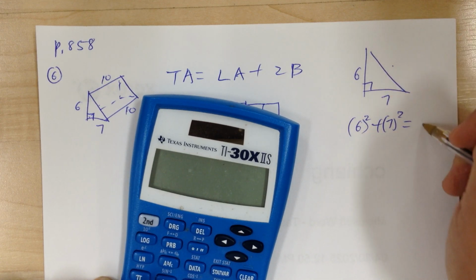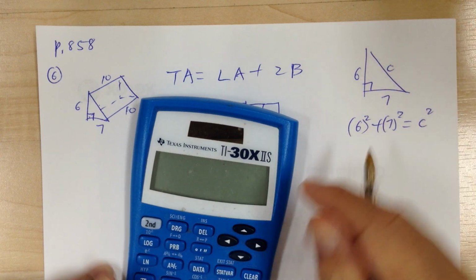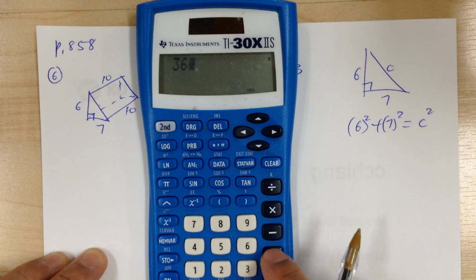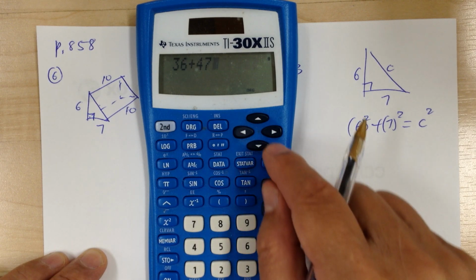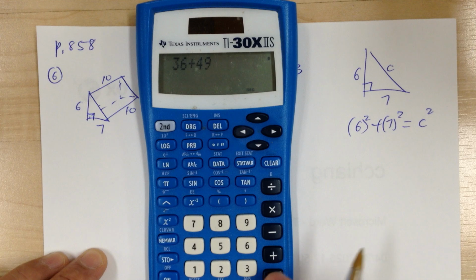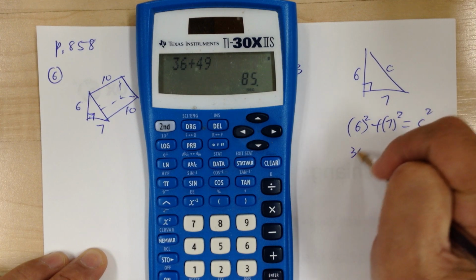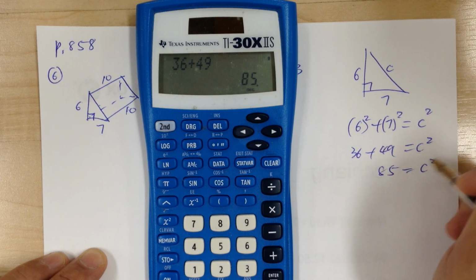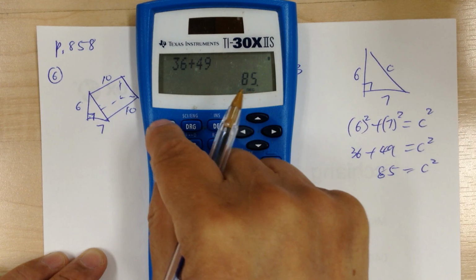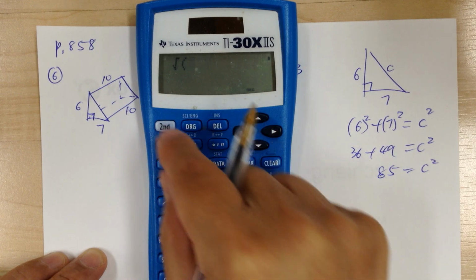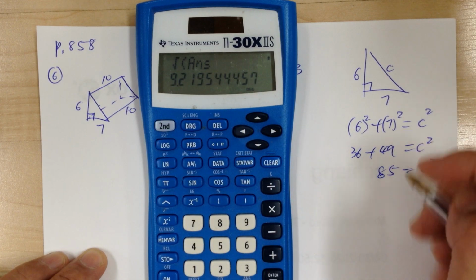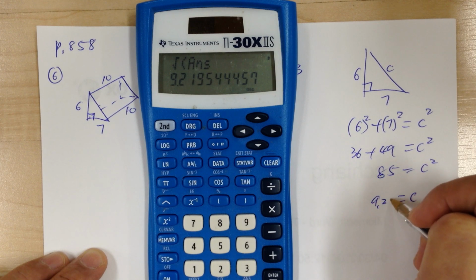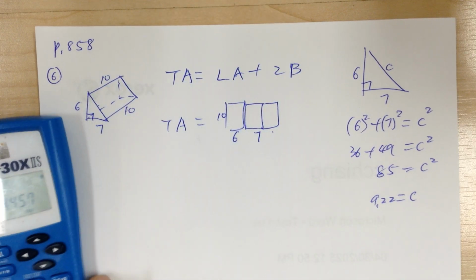So 36 plus 49 equal to c squared, 85 equal to c squared. So take the square root. So c equal to about 9.22, okay?